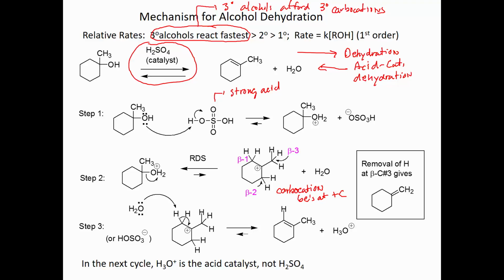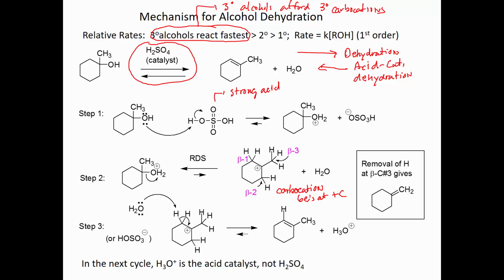We take water or the bisulfate anion, and it's going to remove a hydrogen, and as the hydrogen is removed, a double bond is formed, and this gives us the alkene. Step 3 is a very favorable, very fast step, and this is fast because we're taking the only intermediate that doesn't have an octet and giving it an octet by making the alkene.